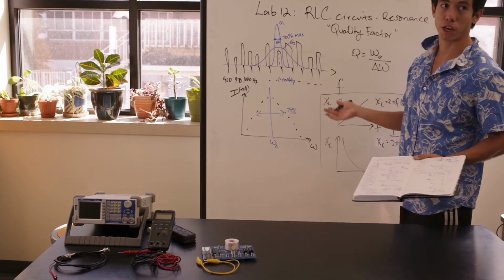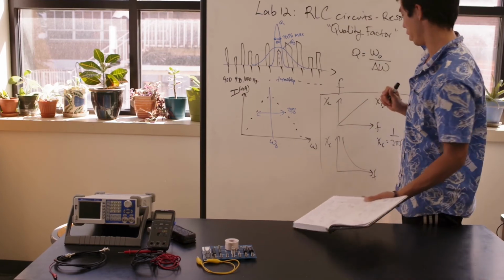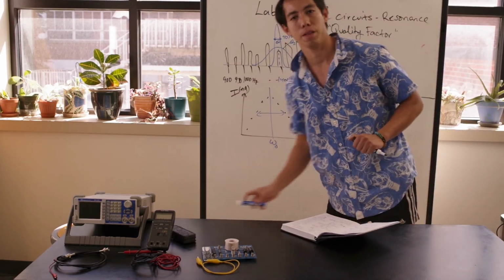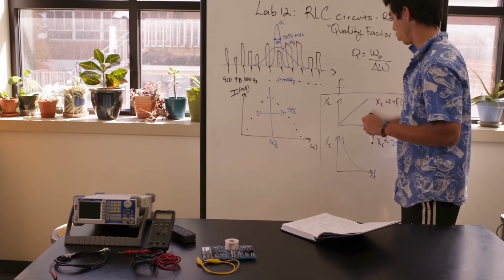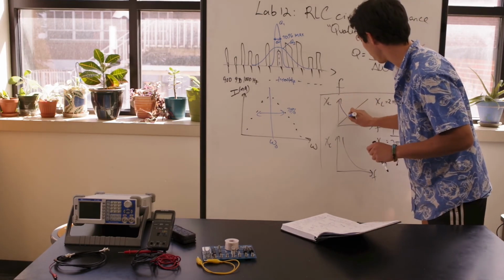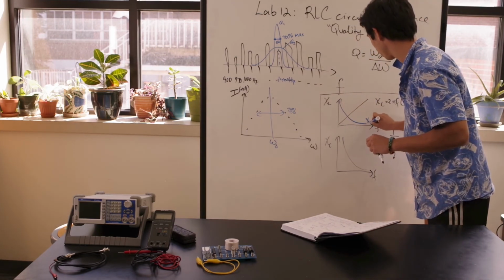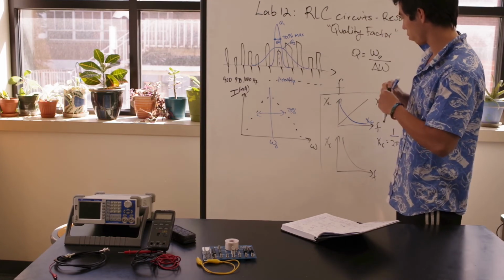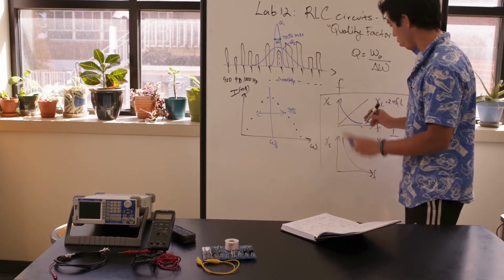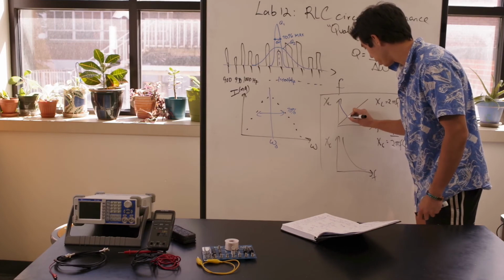Now in an RLC circuit, we have both components, so all we have to do is combine these graphs. So we can superimpose these curves and say this is the capacitive reactance. So notice there's a point where they intersect here.